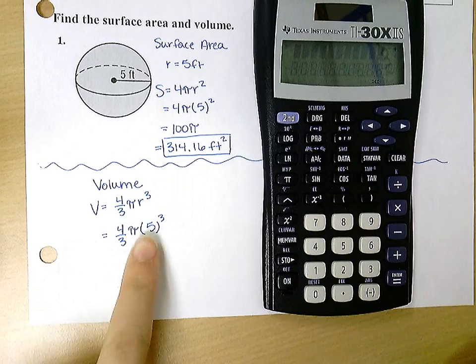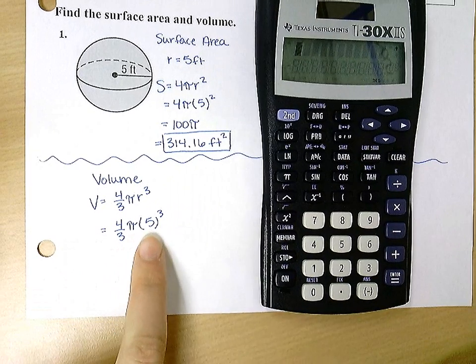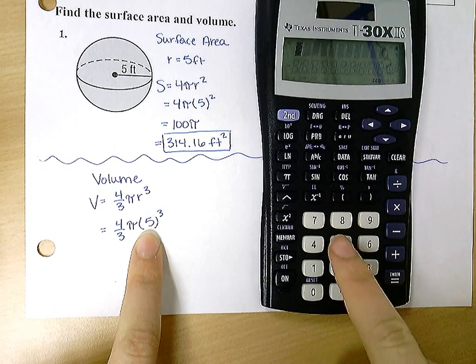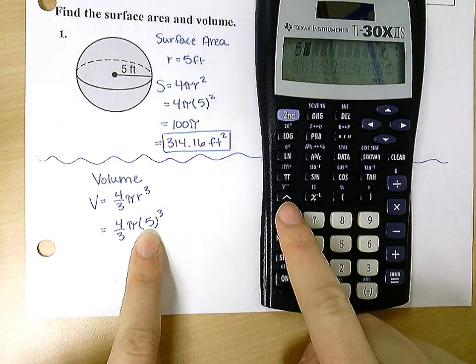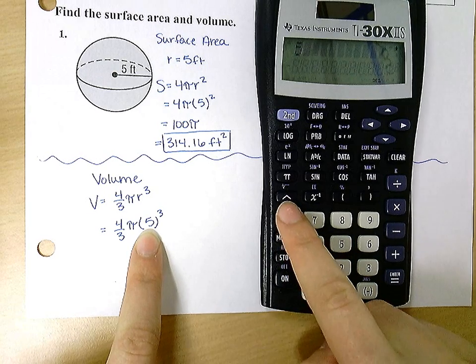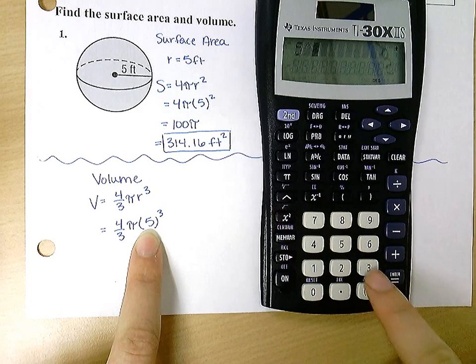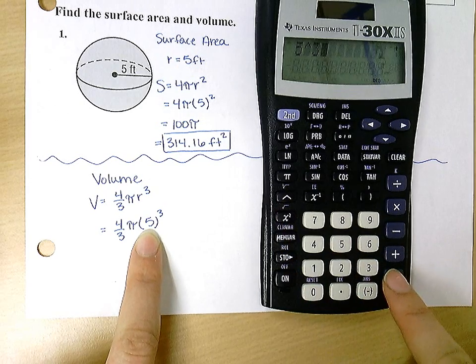Here what I would do first is cube 5. I'm going to follow order of operations here. I need to enter 5, then press the caret key and raise it to the third power. Press equals.